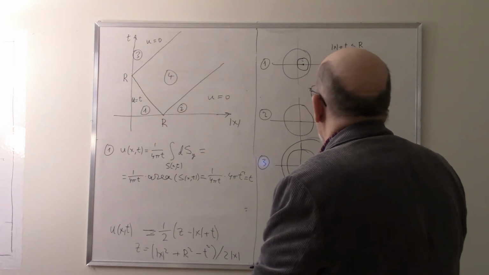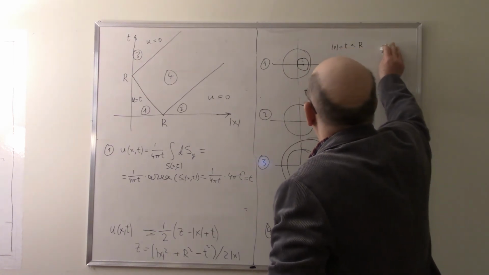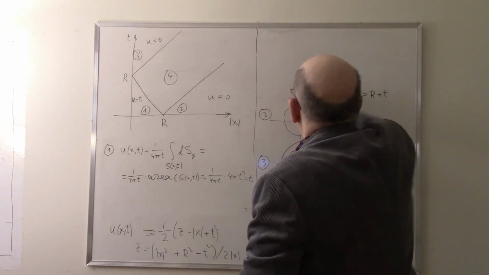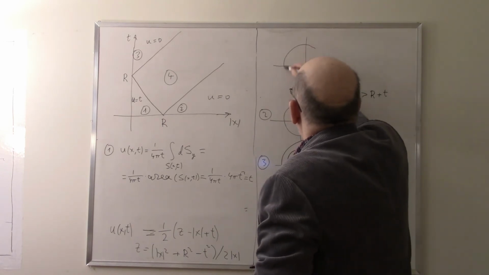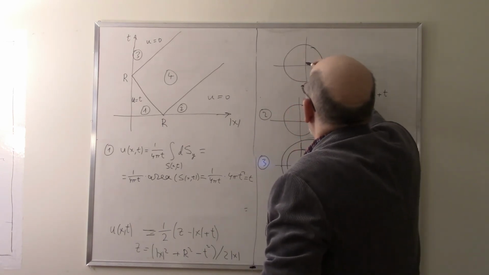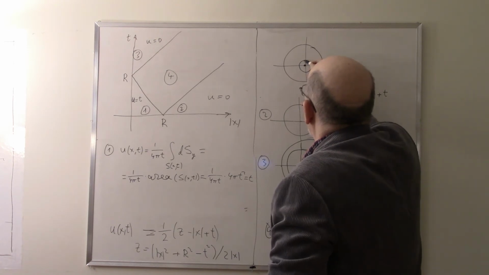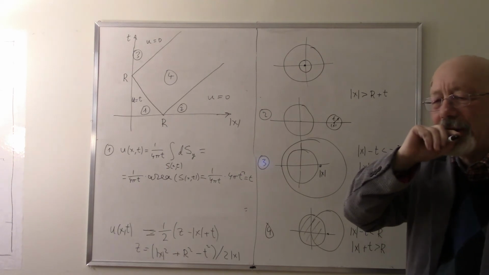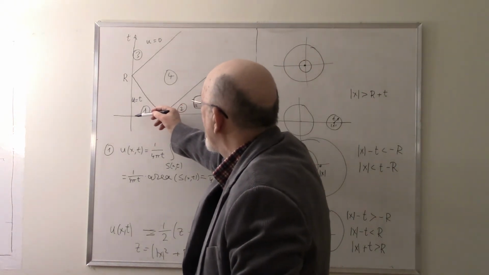So then we have the following situation. x is at the origin, so for t less than r, all our sphere is inside this ball. So we are in domain 1 and u equals t.